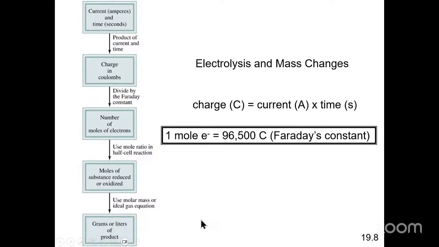So it all depends on the nature of the question and the type of information that is provided to you, all right? But this is essentially the flow chart which describes how you'd solve problems involving electrolysis, all right?